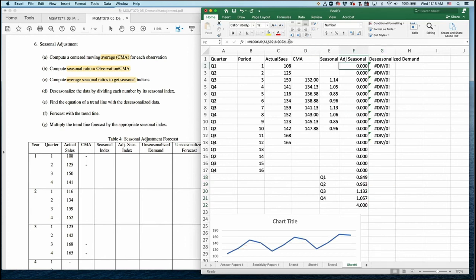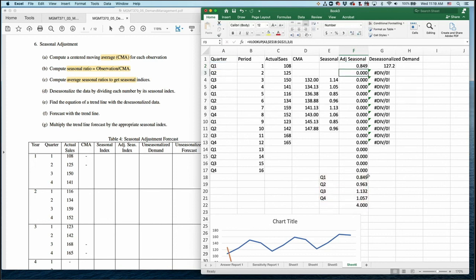So here we have VLOOKUP, and the lookup value is this seasonal name, and the table, Command T, and the second column and 0, and we have this.